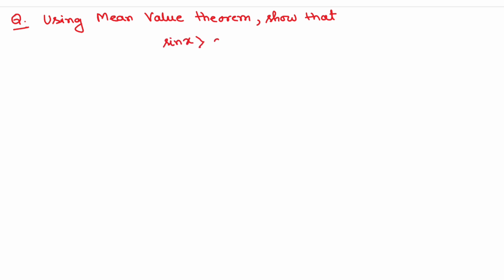Question is, using mean value theorem, show that sin x is greater than x minus x cube by 6. Okay, here given if 0 less than x less than pi by 2.